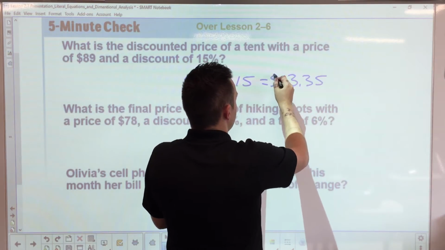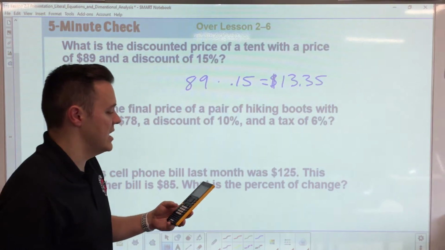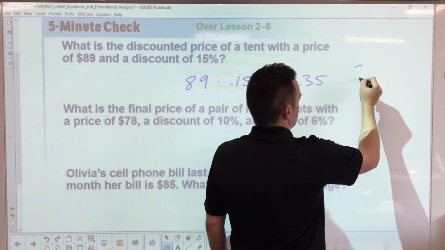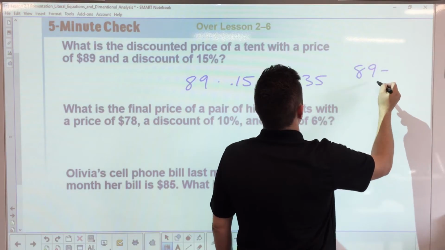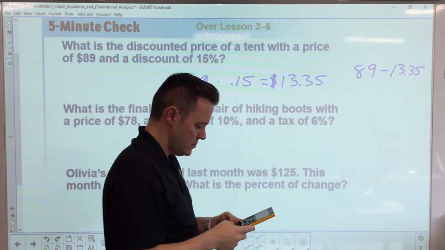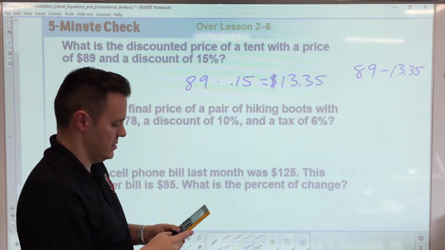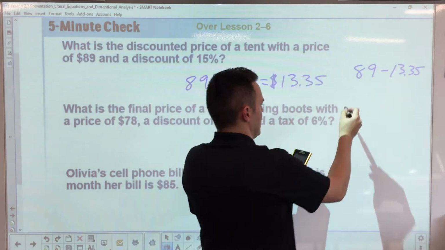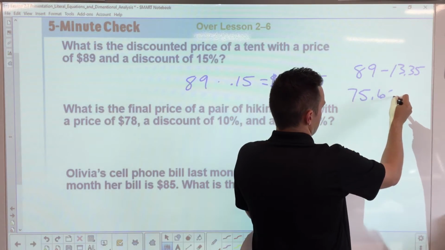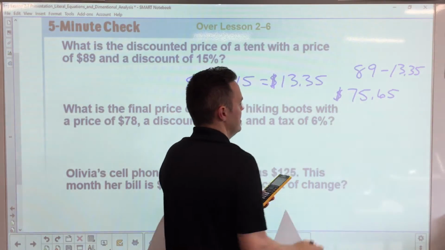So what you do then is you take this equation and you subtract it from here. So 89 minus 13.35. And the answer is going to come out to be, the discounted price is $75.65. Okay?